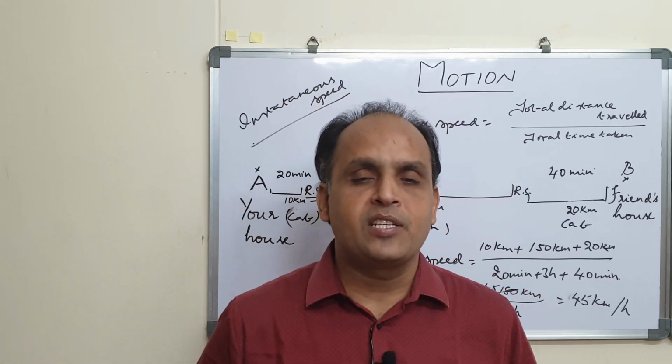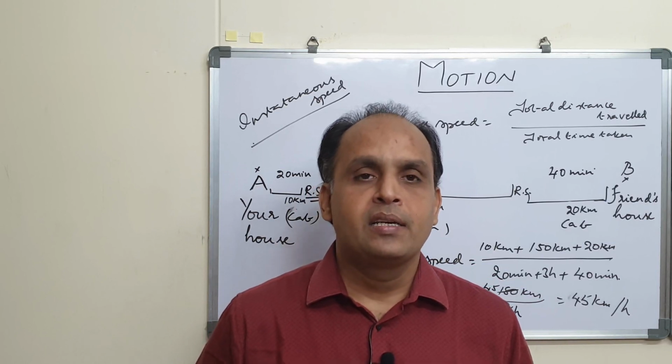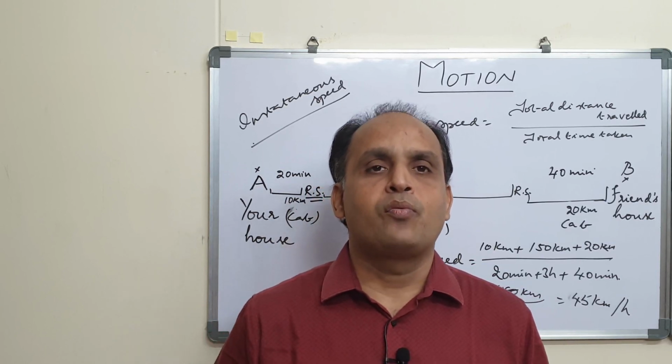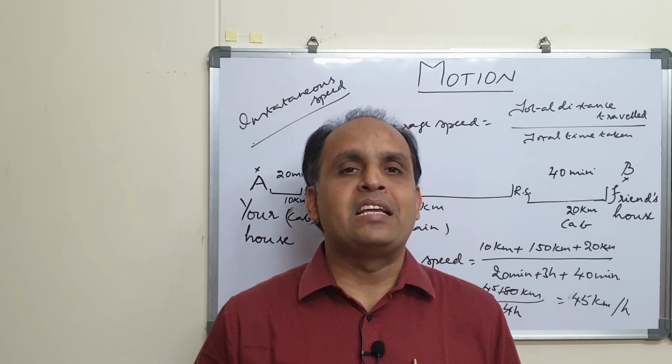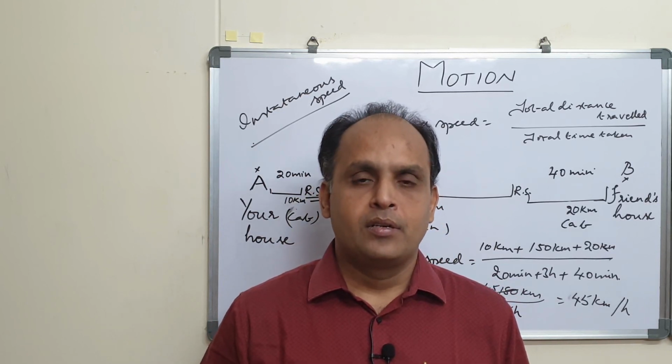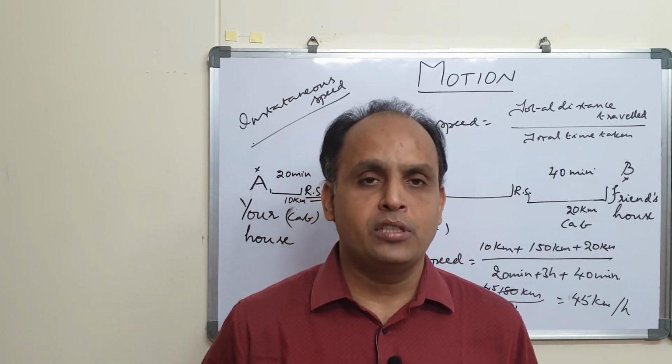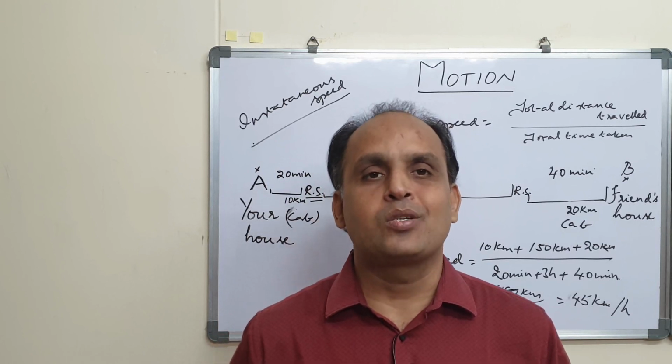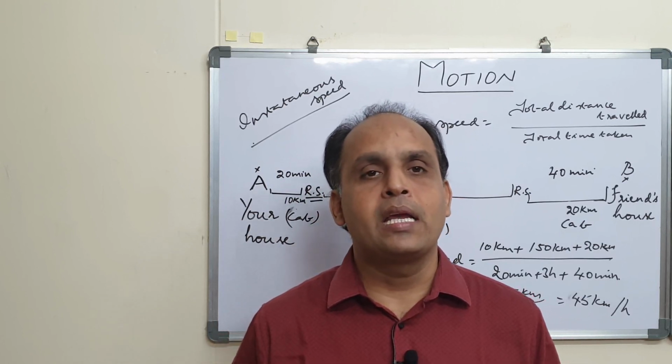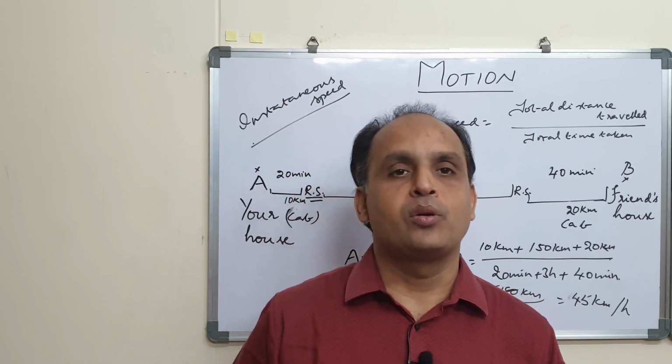So instantaneous speed is basically the speed of an object at any instant during its course of motion when it is going at a variable speed or a non-uniform speed.